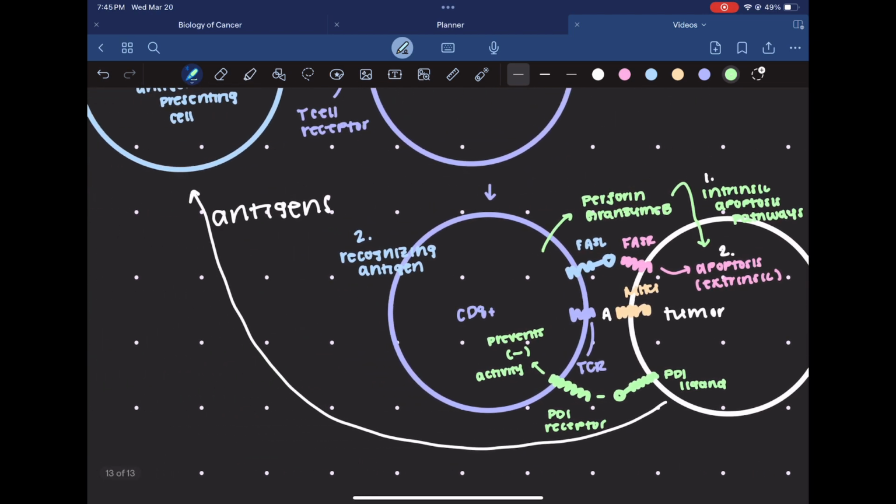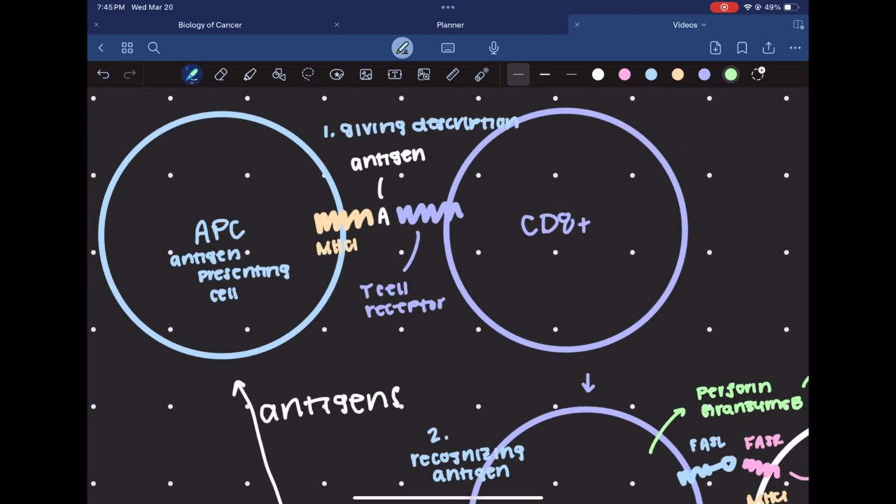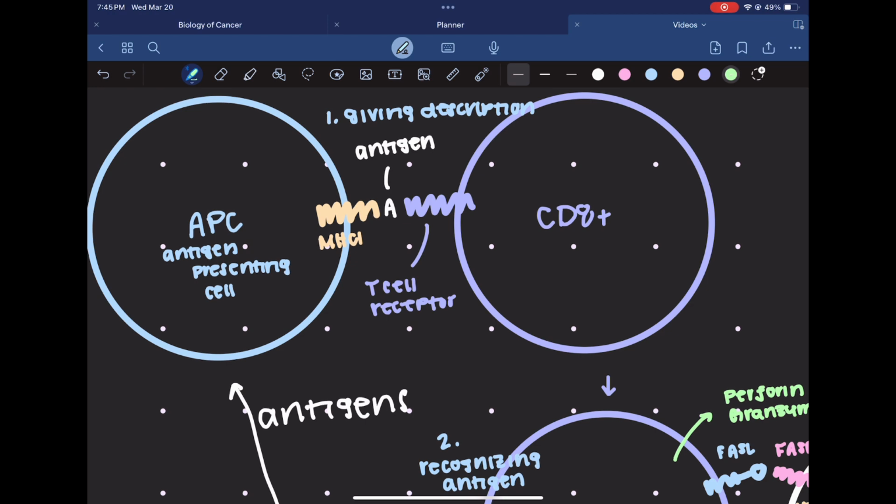We also have interactions with our APC that can occur. So on the surface of our APC, we have a ligand called B7 that our CD8 plus cell can interact with. And this interaction can occur through two different molecules. I'll put them both on the surface of my CD8 plus cell.